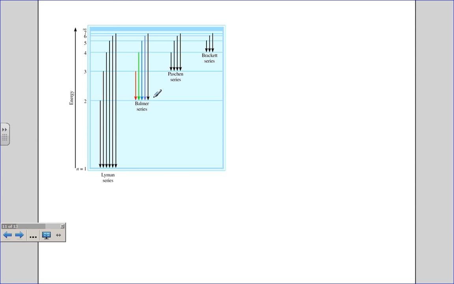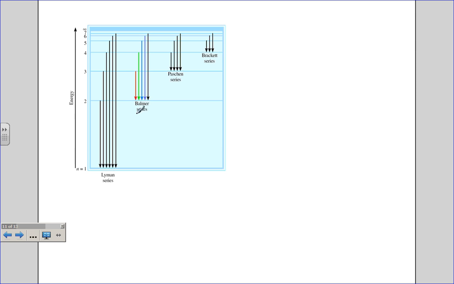The Bohr series, all the electrons are falling back to the second energy level. The Paschen series to the third, and the Brackett series to the fourth energy level. Because these hydrogen atoms are being bombarded with so much energy, they can absorb different quantities of energy, and that is what's going to define the electronic transitions that they undergo.